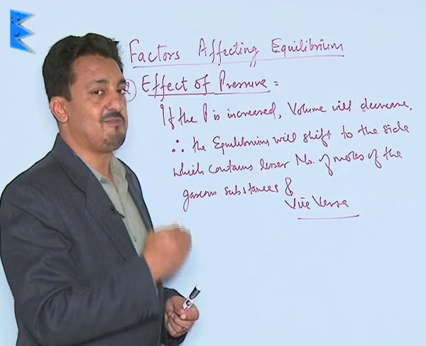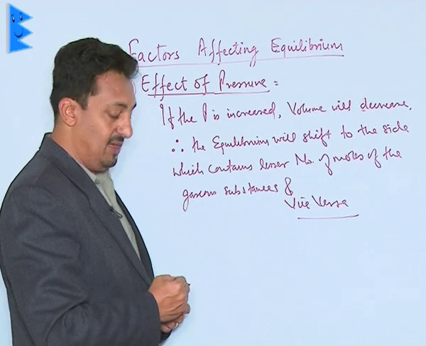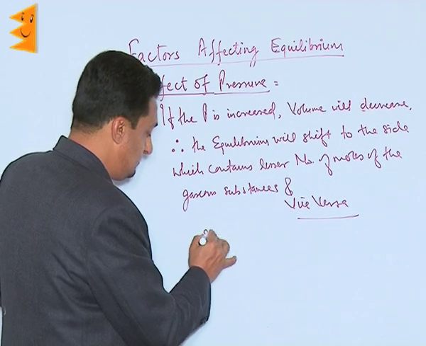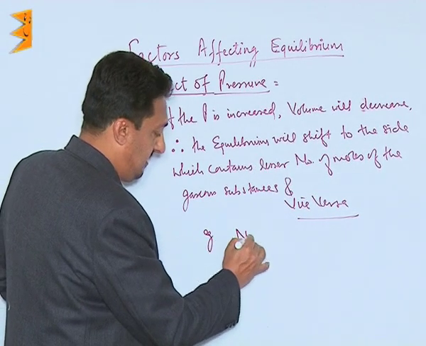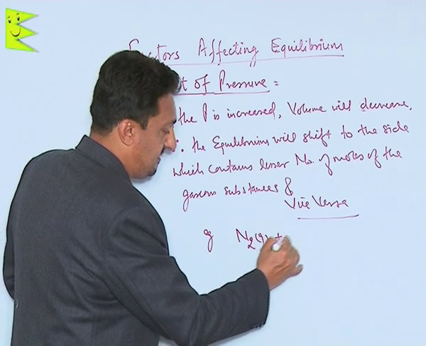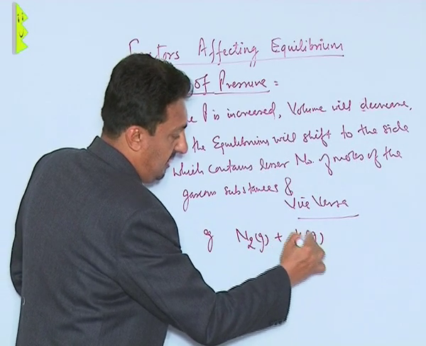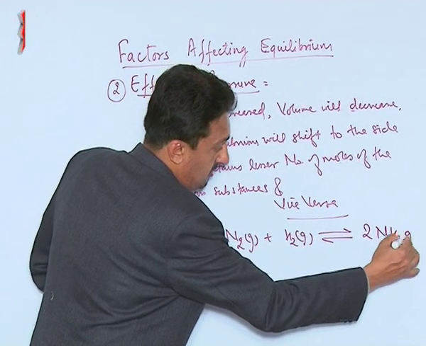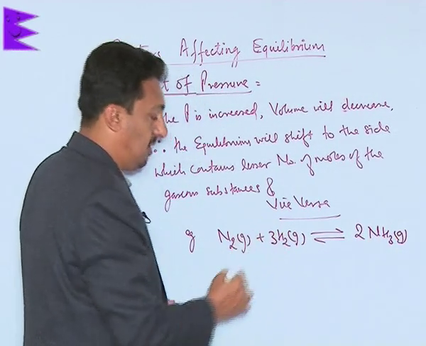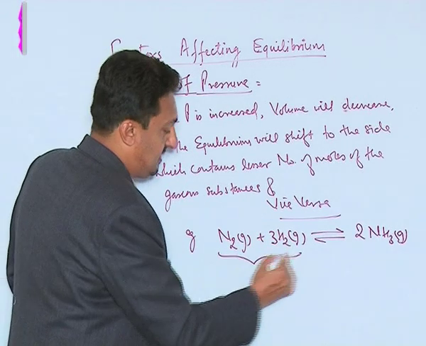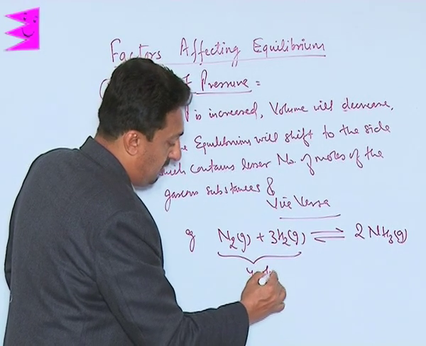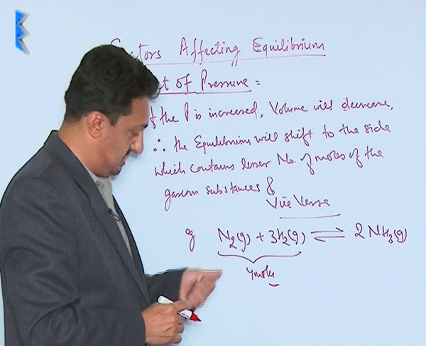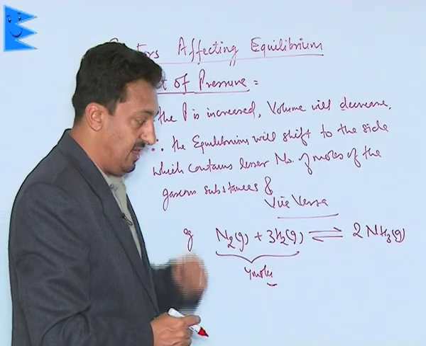This can be easily explained by taking an example of the Haber's process, in which nitrogen gas, when reacted with hydrogen gas, leads to the formation of ammonia. Now in this we already know the reactant side contains 4 moles of the gaseous substances, 1 of the nitrogen, 3 of the hydrogen.